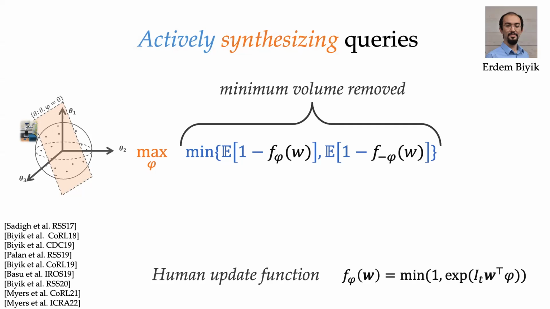If you tell me you like A over B, or if you tell me you like B over A, in either case there's going to be some volume that would be removed from the hypothesis space based on some human update function that is noisily irrational. In either case, I'm going to look at the expected volume that would be removed, and I'm going to minimize that. So the minimum volume that would be removed. I'm maximizing the minimum volume that would be removed from the hypothesis space. Okay, so that is the metric of information that we're optimizing here.